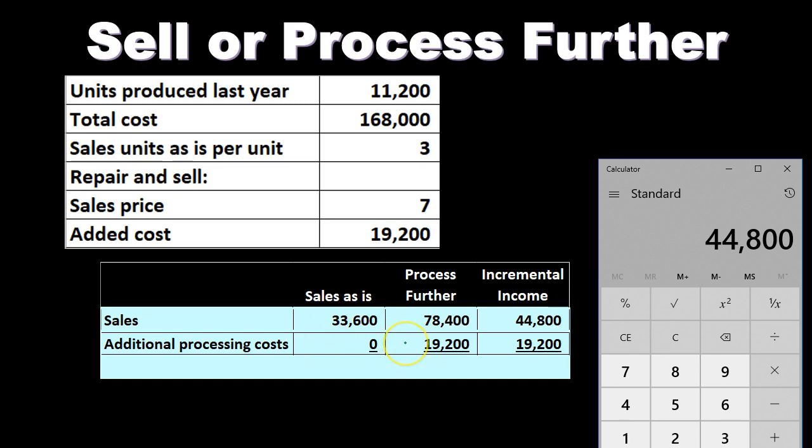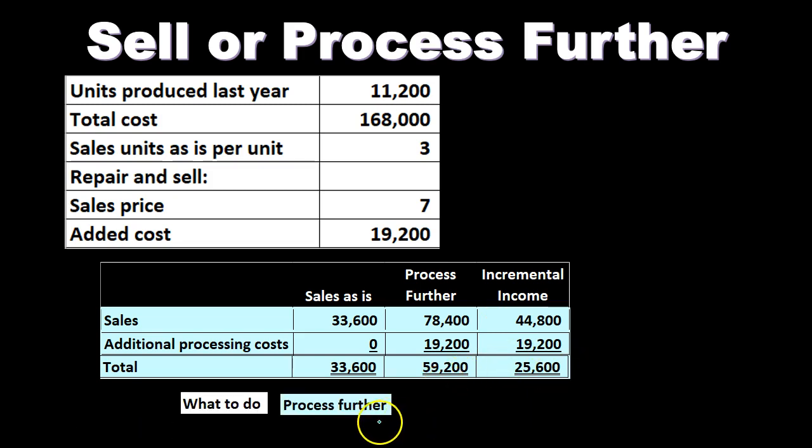To process further, the costs of processing further are going to be relevant, and that's going to be the 19,200. Difference being, of course, 19,200. The 44,800 minus the 19,200 then is the 25,600. So in this case, then the better option would be to process further, because we're going to be better off if we go from the processing further option.